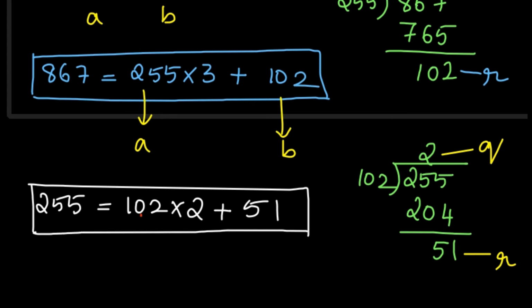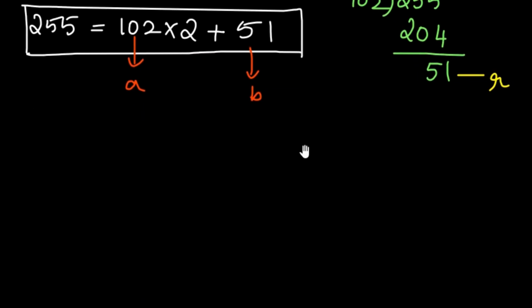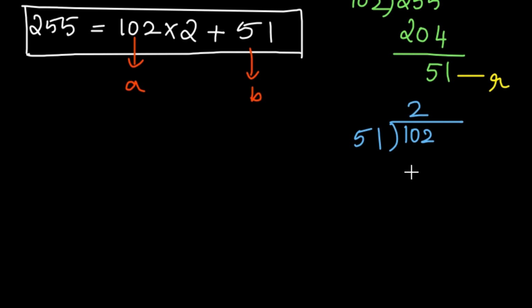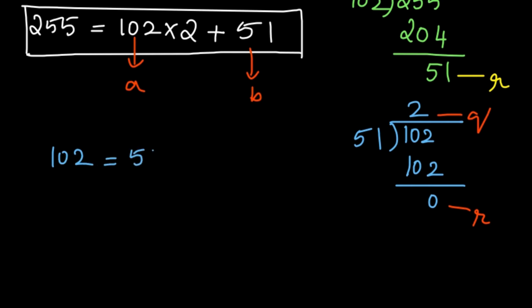Next step, this will be our A, this will be our B. 102 divided by 51. 51 multiplied by 2, we get 102. Here the remainder is 0, that is 102 equals 51 multiplied by 2 plus 0.